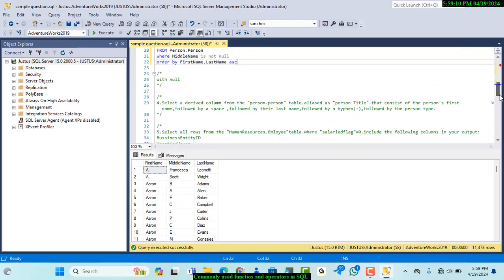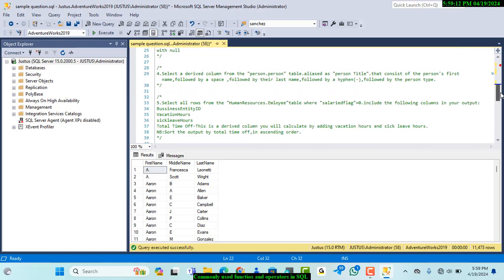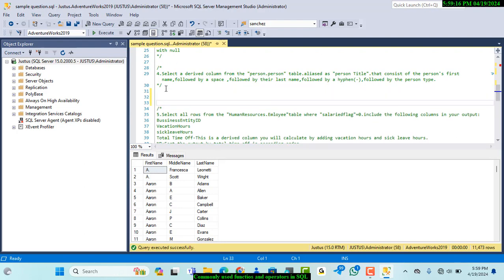Question 4. Question 4 comes here. Select a derived column from the Person.Person table, aliased as PersonTitle, that consists of the person's first name, followed by a space, followed by their last name, followed by a hyphen, followed by the person type. Here there are 3 concepts being tested.